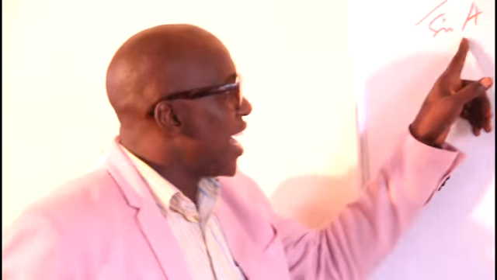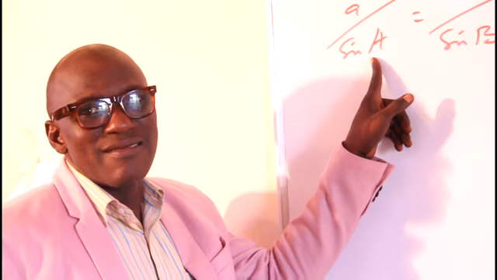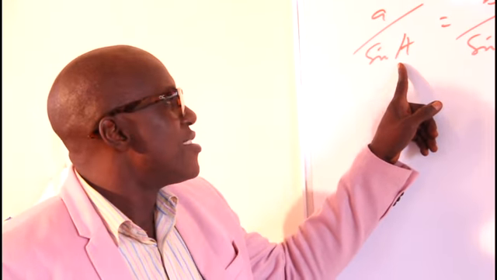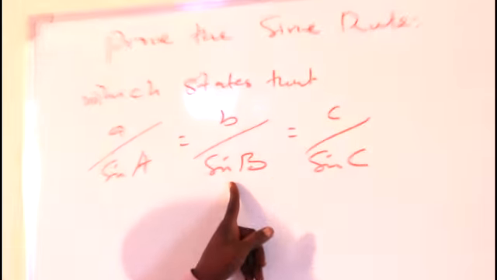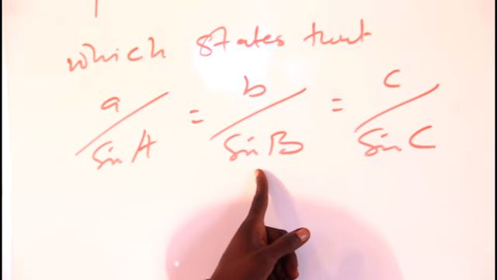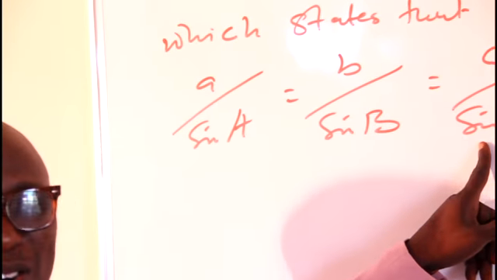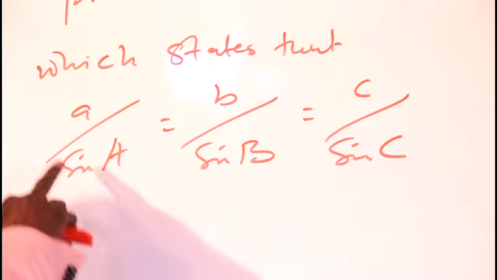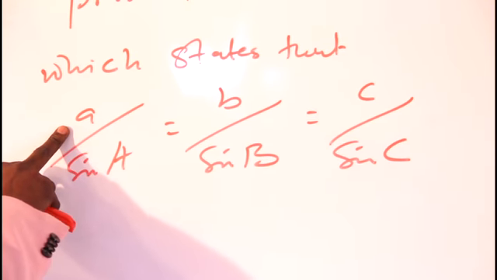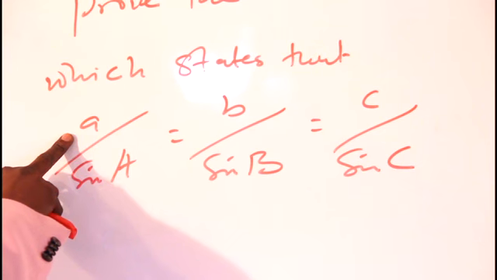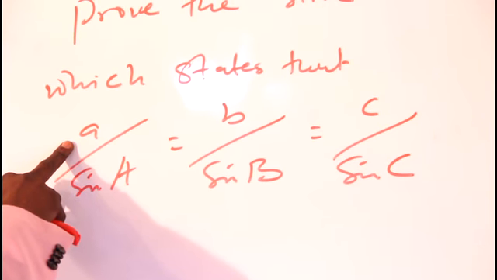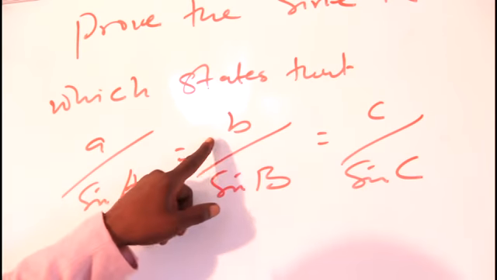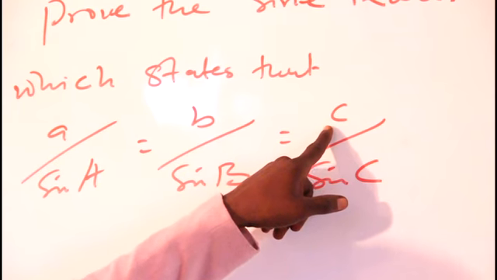You know that this is the sine of an angle in a given triangle. Similarly, this is the sine of another angle in the same triangle, and this is the sine of another angle in the same triangle. This is a side of the triangle, this is another side, and this is another side.